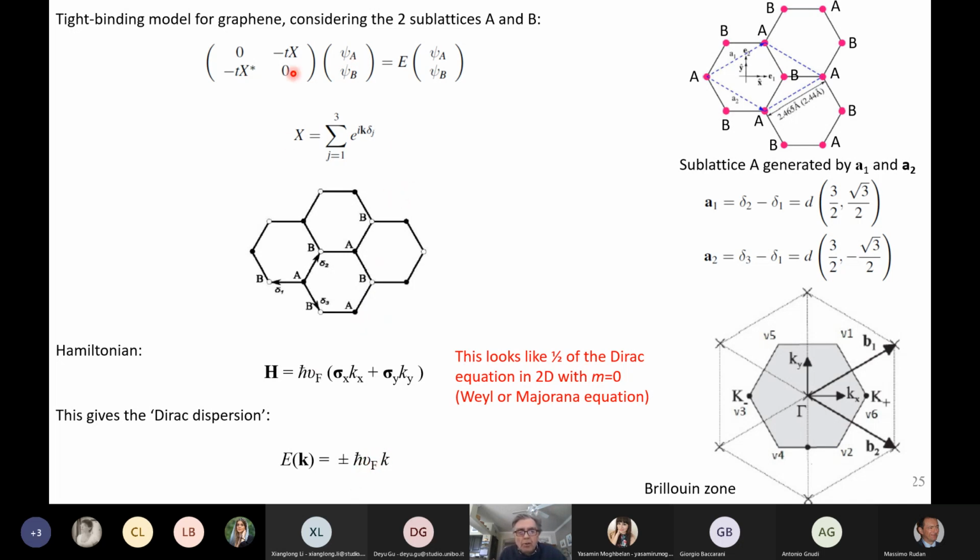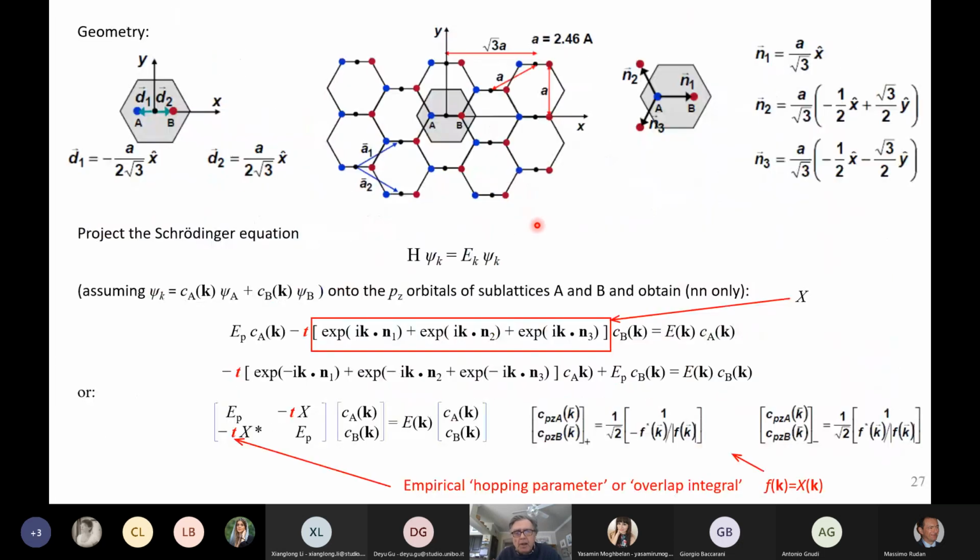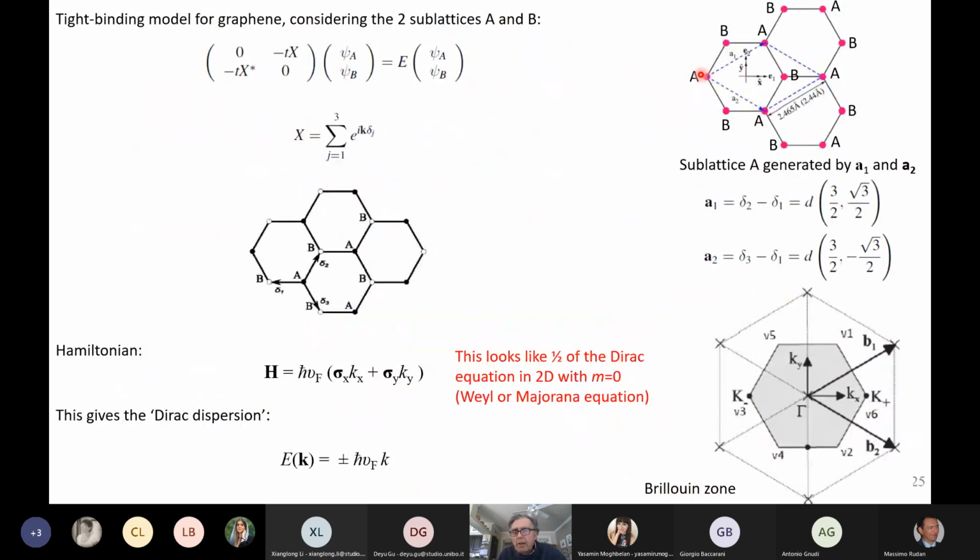What you can do to derive it this way is to just formulate, let me write it here. You can look at the graphene, which is this hexagonal lattice, as a combination of 2 sublattices, triangular sublattice A and sublattice B. You can write the usual tight binding expression for the expectation value of the energy on the ground state wave function, which are just the pz orbitals.